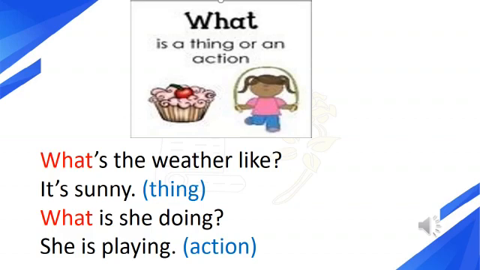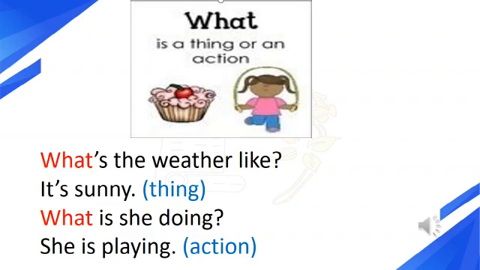What's the weather like? Here we asked about the weather. The weather here is a thing. It's not a person. It's not a place. It's a thing. What's the weather like? The answer is it's sunny.